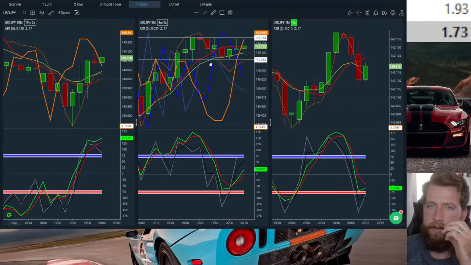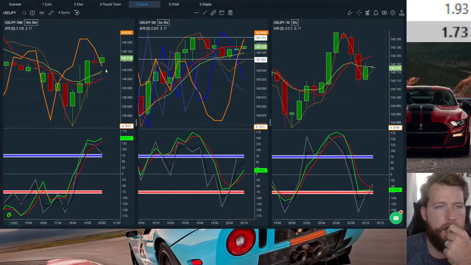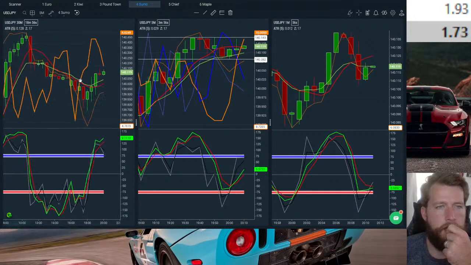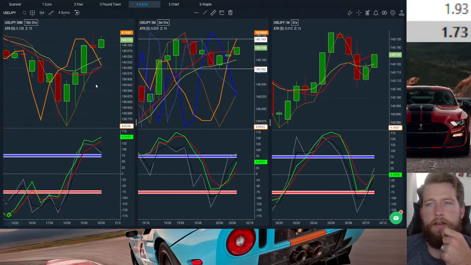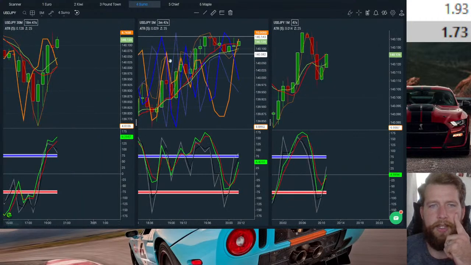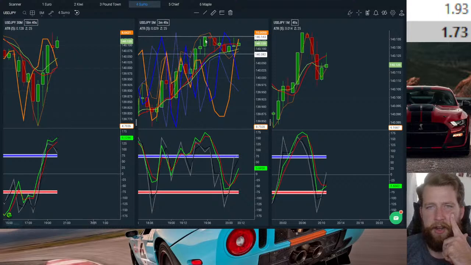Still looking for a bullish trade. Both oranges are still pointing up. With this trend, rejection, breaks through, rejection, resistance, support, resistance.